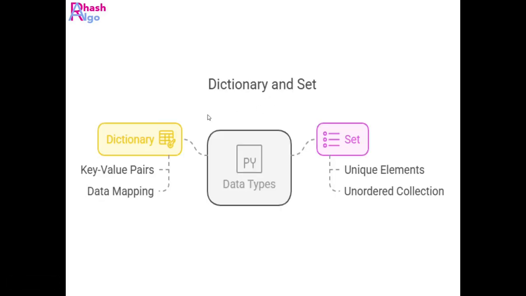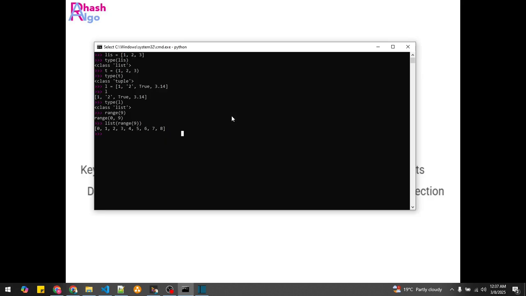Dictionary and set. These are two different types, similar to list and tuple, but used in a different way. Let's first discuss dictionary. d equal to, what should we use?